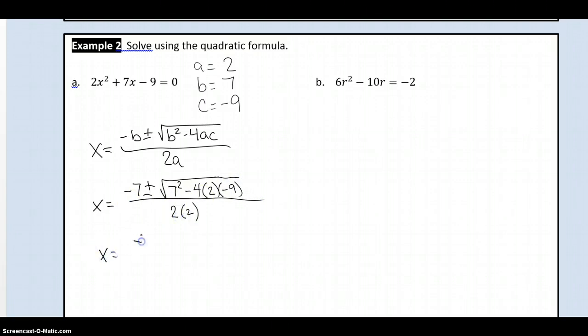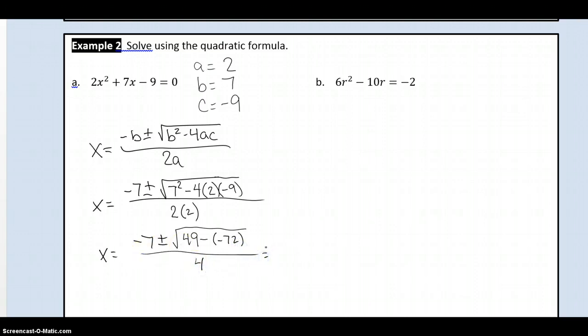We'll want to work what's in the square root part first. So like I said, you want to work what's in this square root symbol first, what's inside. So 7 squared is 49, minus 4 times 2 would be 8, and 8 times negative 9 would be negative 72, all over 4.